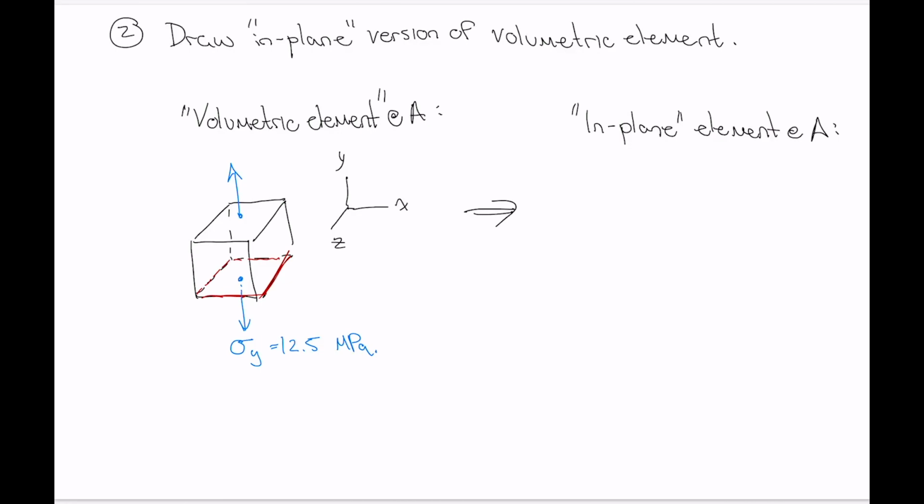So we want to draw a 2-dimensional view of this 3-dimensional cube of material that captures all of the stresses that exist on it. We could either choose to draw this element looking down the z-axis, and we'd still see that normal stress sigma subscript y, or we could look down the x-axis, and we'd still see that normal stress sigma subscript y.